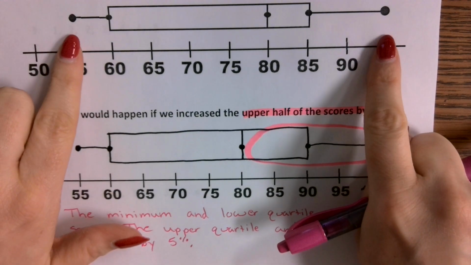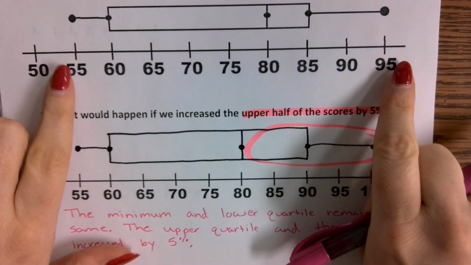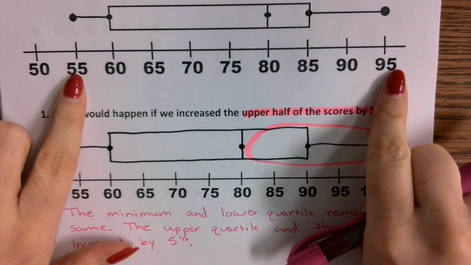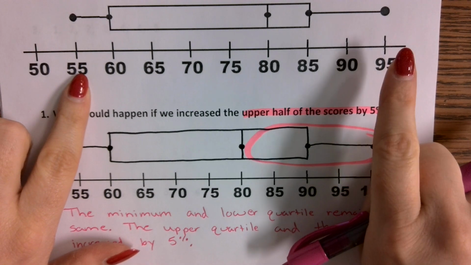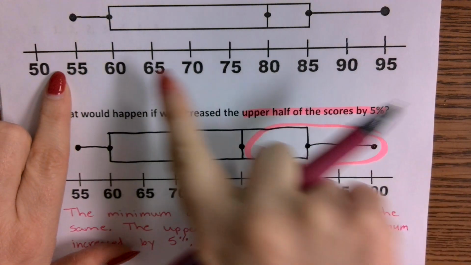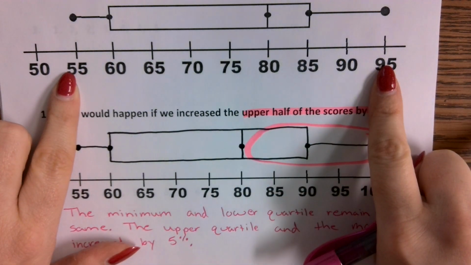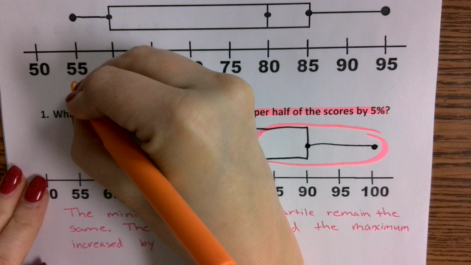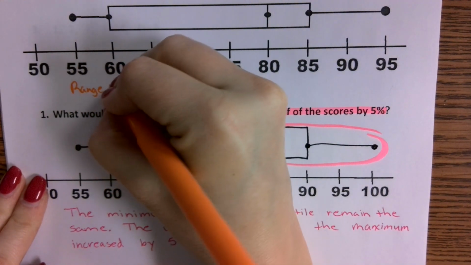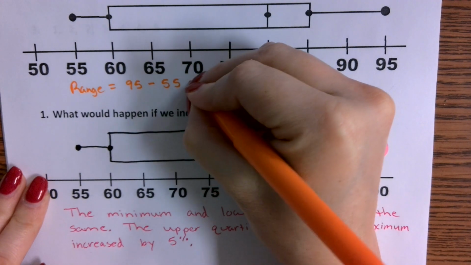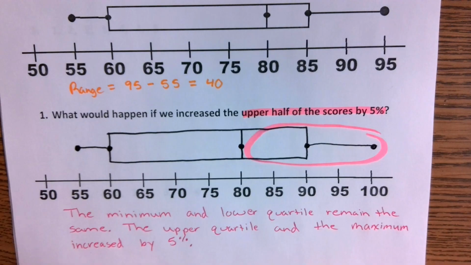Looking up here at the original graph, who can tell me what is the range from my lowest to my highest? What is the range currently to go from lowest to highest? 40, right? To go from 55 to 95. Currently, my range in this case, if I take the 95 and I subtract the 55, my range is going to be equal to 40.